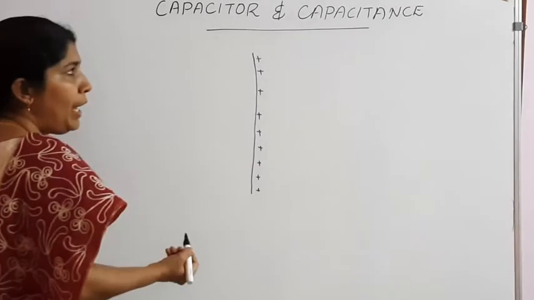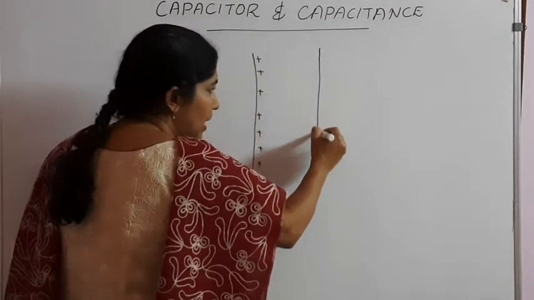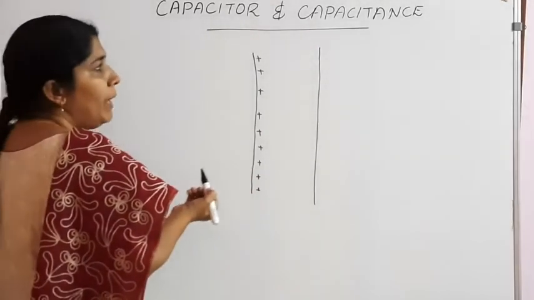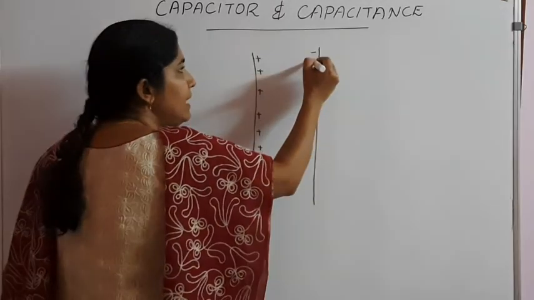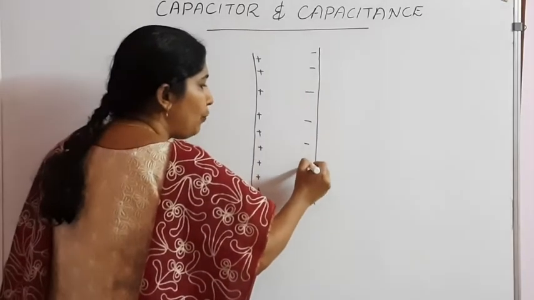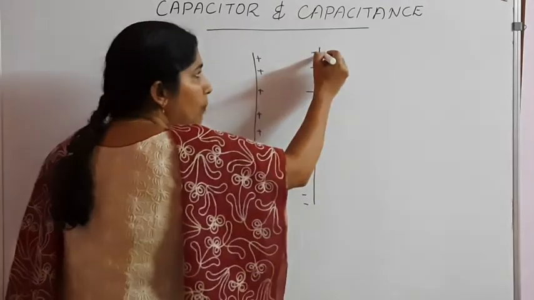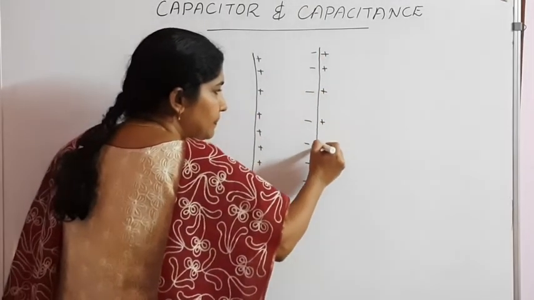Now place an uncharged conductor near the charged conductor. Then what will happen? By induction, an equal amount of negative charge is created at the nearer face, and a positive charge is created on the further end.